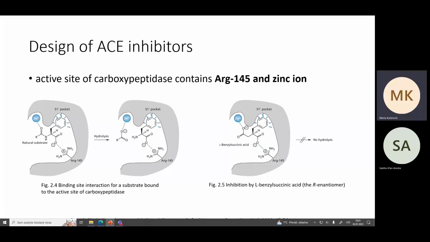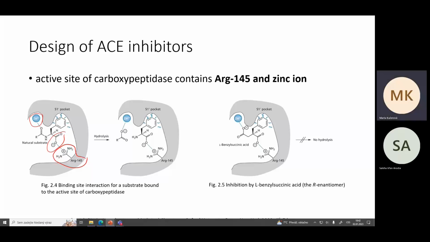And it was also known that there is an arginine residue that binds to the carboxy end of the peptide by ionic bond, and that the zinc ion plays a role in the coordination of the carbonyl bond of the peptide bond.